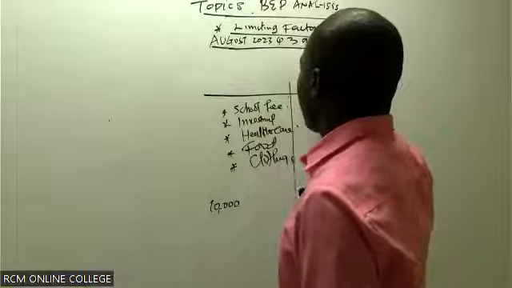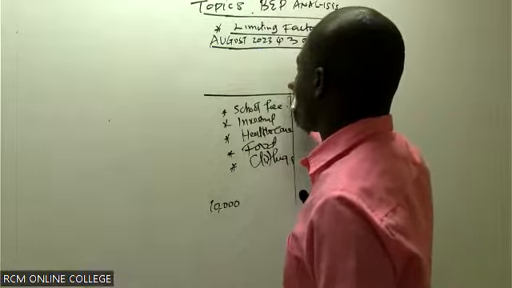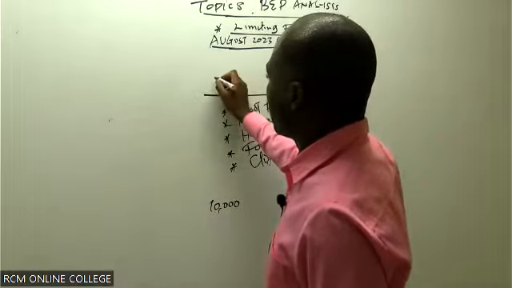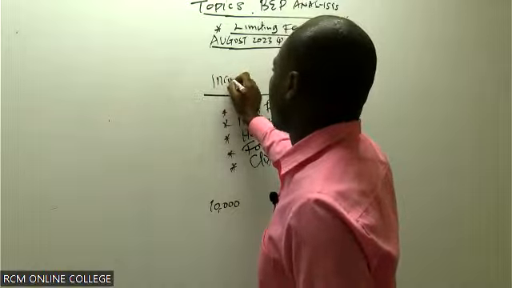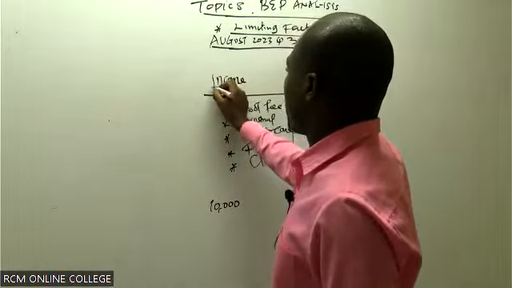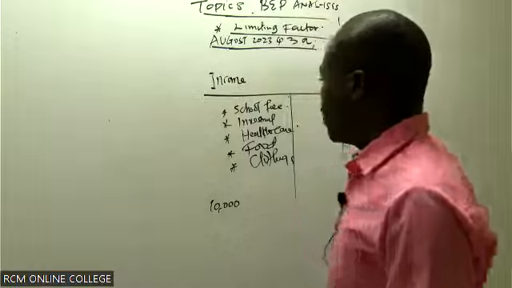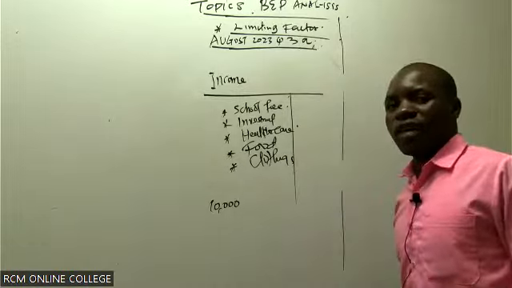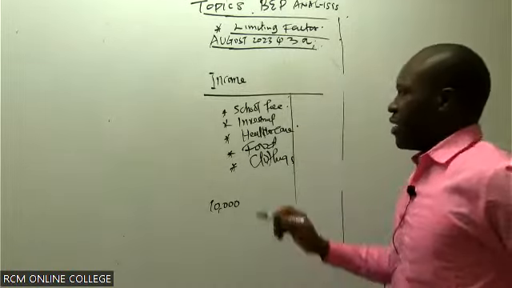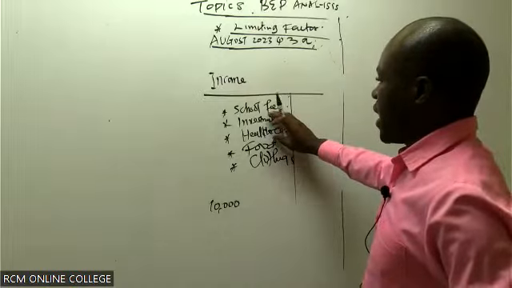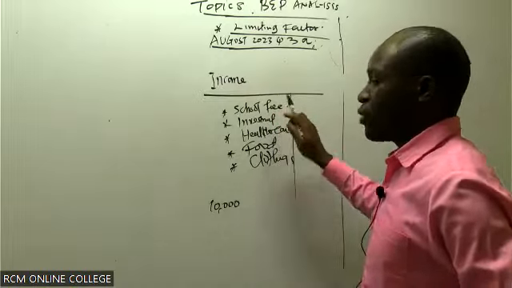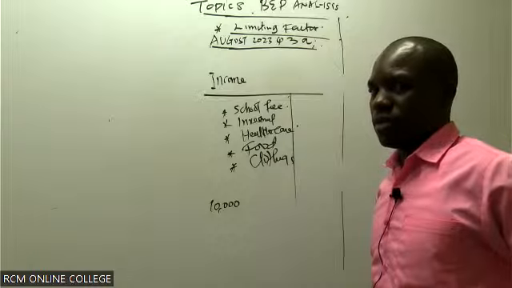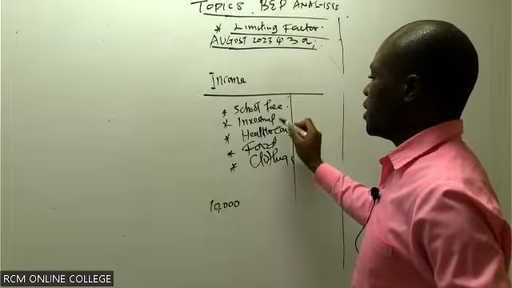But you have a very huge item here, your income. Maybe all of us are taking care of this, but in different proportions.